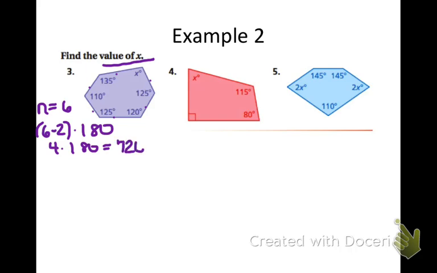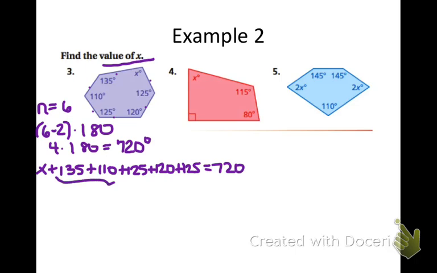Since there are 720 degrees total, I can add up all of the angles. I can start with x. x plus the 135. I'll go counterclockwise here for this one. Why not? As long as you systematically keep track. Equals 720.